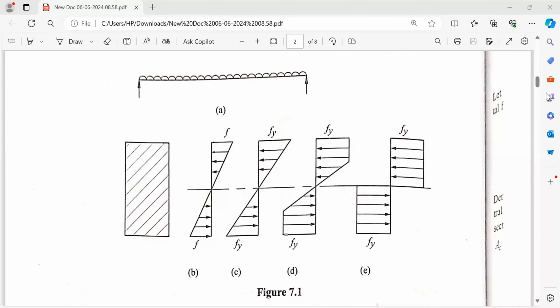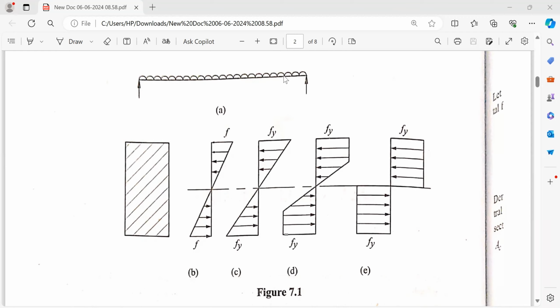So here the stress will be Fy at the extreme fibers, and below and above these extreme fibers, the stress is less. So this is the stress diagram.